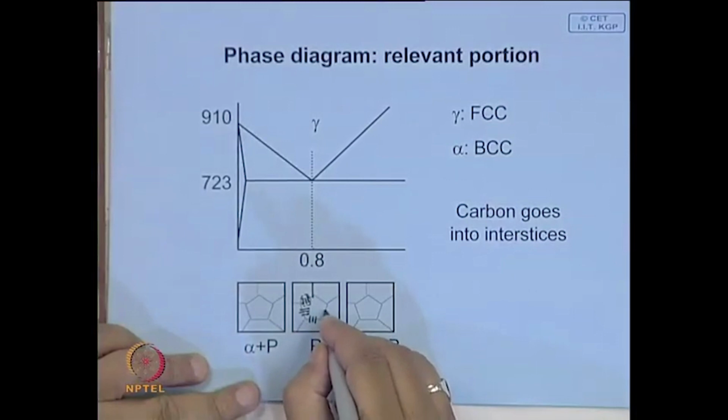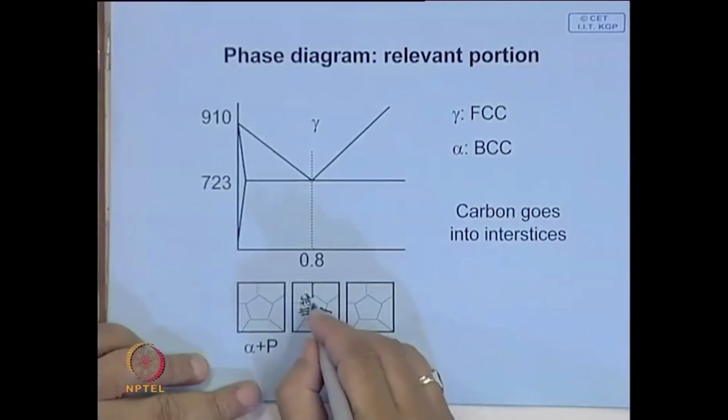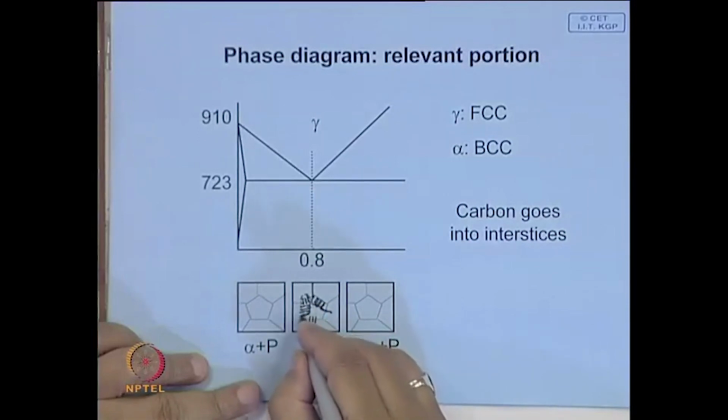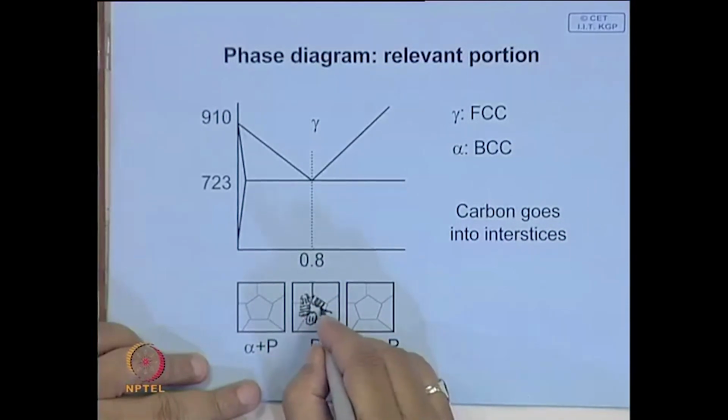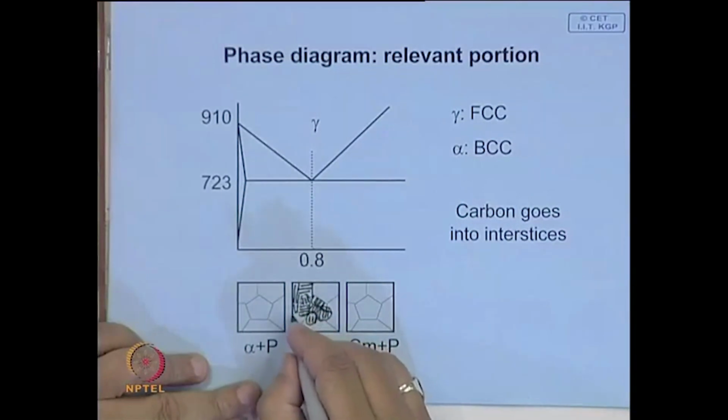In that way, a number of these nodules develop. When a cementite plate develops here, it can also develop in the austenite grain on the other side, and both will grow parallelly. So within one grain you may find several nodules of perlite, made up of alternate layers of ferrite and cementite.